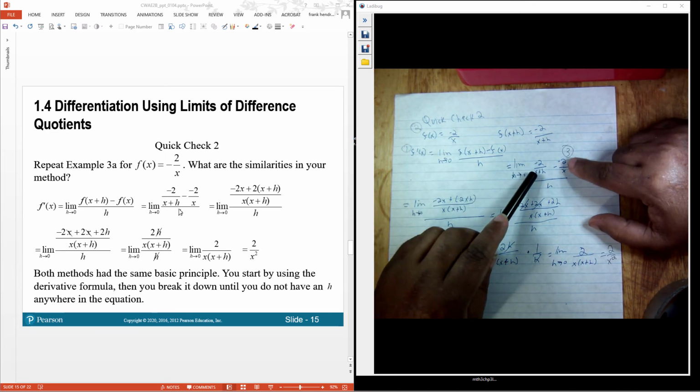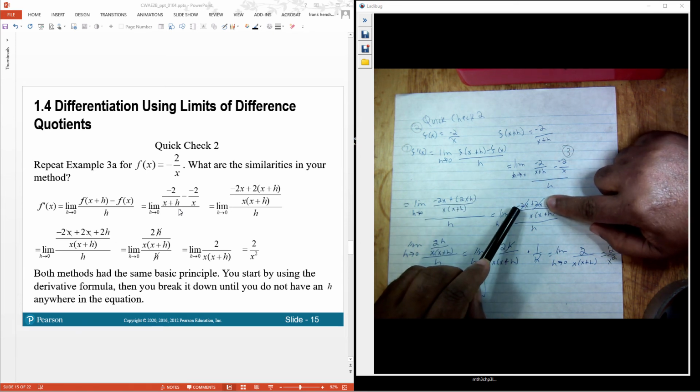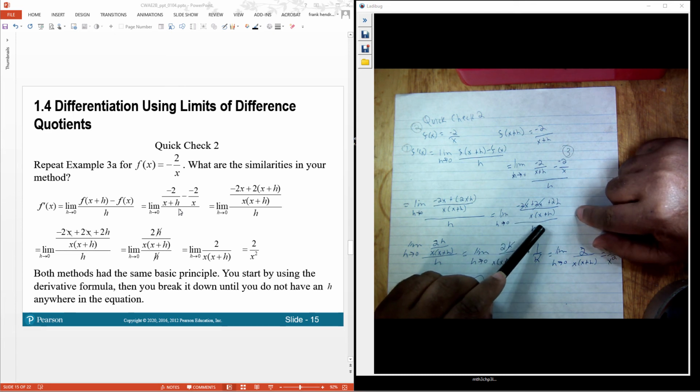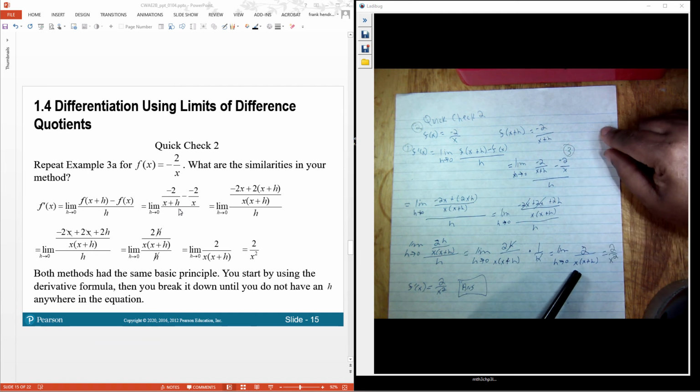These have different denominators, so I write them with one denominator. Get rid of the parentheses, so those two cancel out. Everything's being divided by h, and dividing by h is the same as multiplying by 1 over h. The h's cancel. Now I can take the limit as h goes to 0 and end up with 2 over x squared.